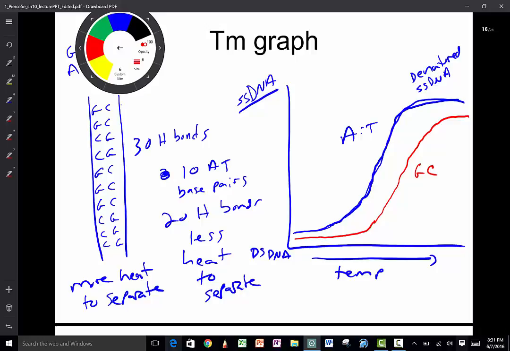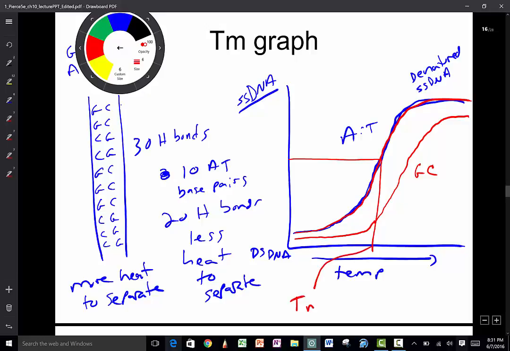So we can categorize a particular DNA molecule by what temperature it takes for about 1/2 of the DNA to be denatured. So that's this inflection point in the graph. That means 1/2 of the DNA has been denatured. So we call that the melting temperature. So Tm equals melting temperature.